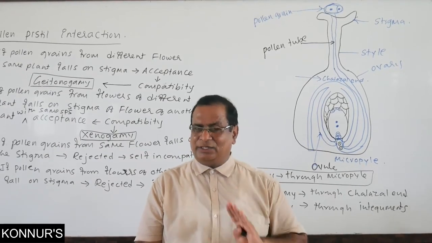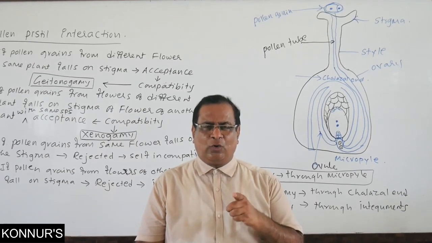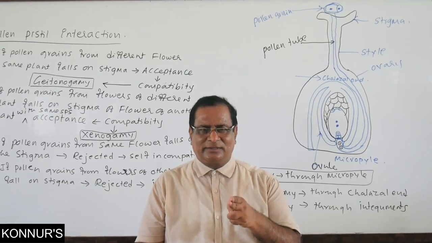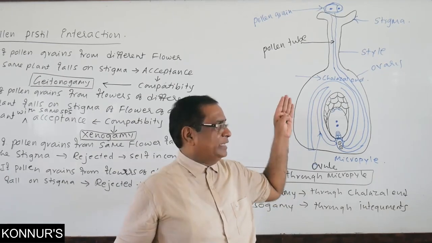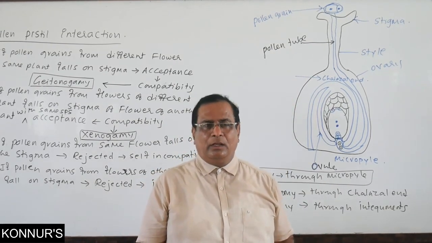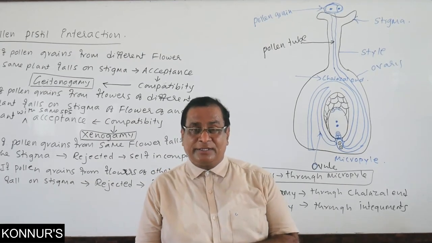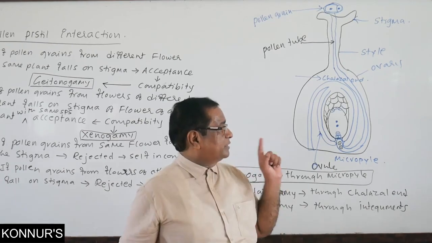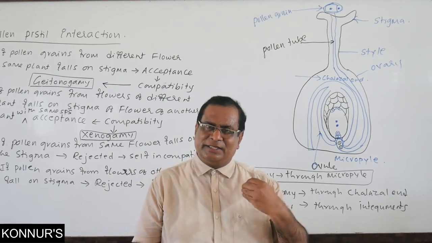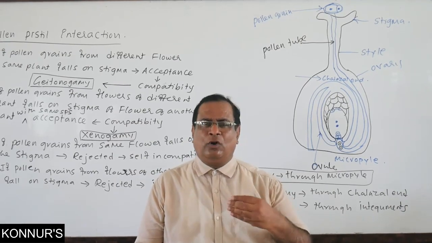If that is the condition, now this generative cell divides, forming two male gametes, and the vegetative cell makes the pollen tube. If the pollen grain in 40% of species falls by the time it is at the three-celled stage, it means two male gametes are already formed.